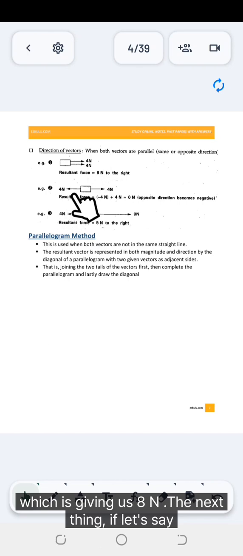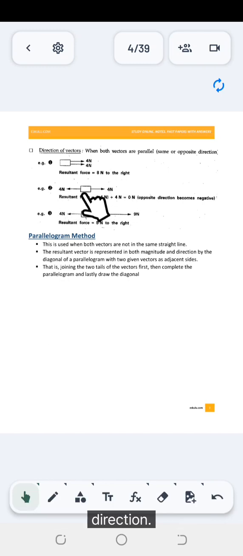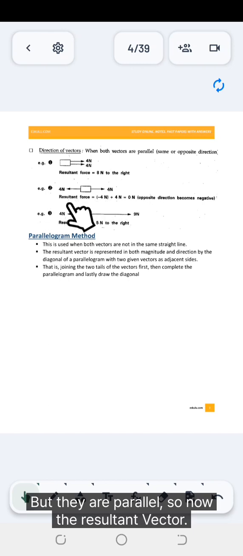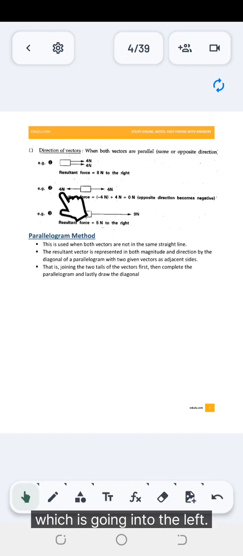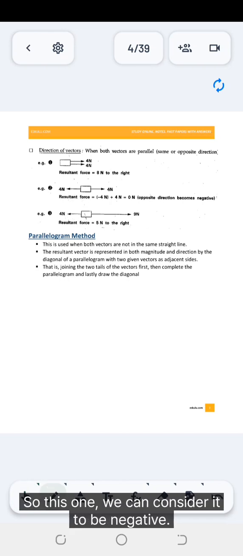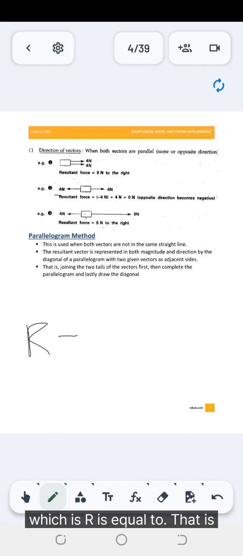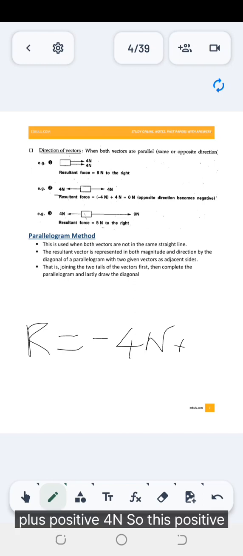Next, if we have forces in the opposite direction, but parallel, how is the resultant vector going to be? The one going to the left, we can consider to be negative. So the resultant force R is equal to negative 4 newtons plus positive 4.